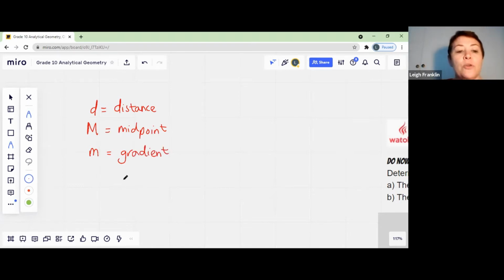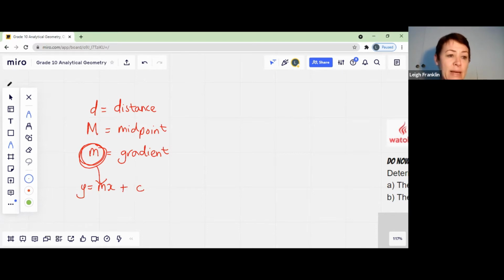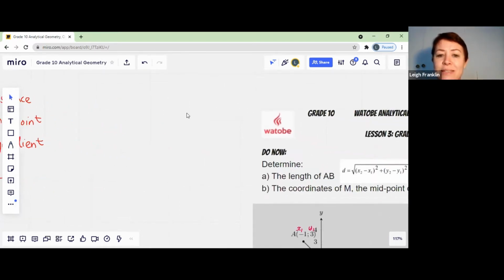And the reason that we use a small m goes back to our straight line function, in other words, y equals mx plus c. So this m over here for gradient is the same m as what's in that formula. Okay, so the gradient of the line, in other words, how steep the line is. Gradient is a measure of steepness of a line.